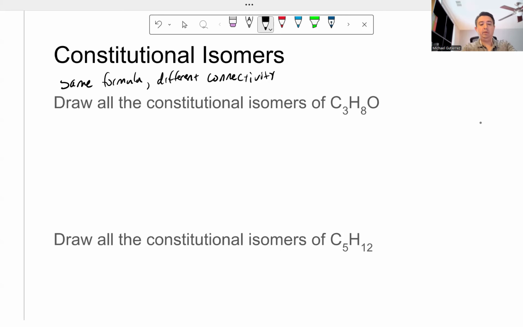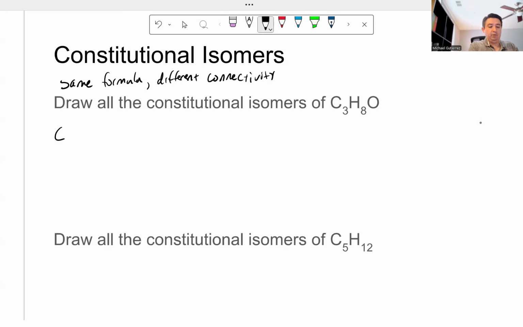So let's jump right in and look at this first example. Draw all the constitutional isomers of C3H8O. In the beginning, I'm going to go through a slower process and ask, how do I even know what atoms are connected to what? So we'll go all the way back to what we were doing with Lewis structures.